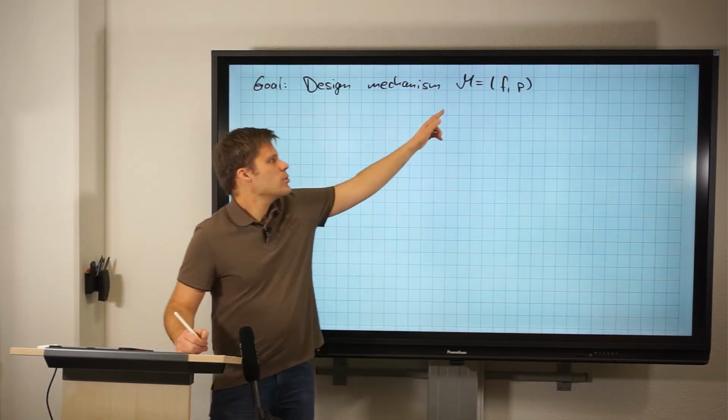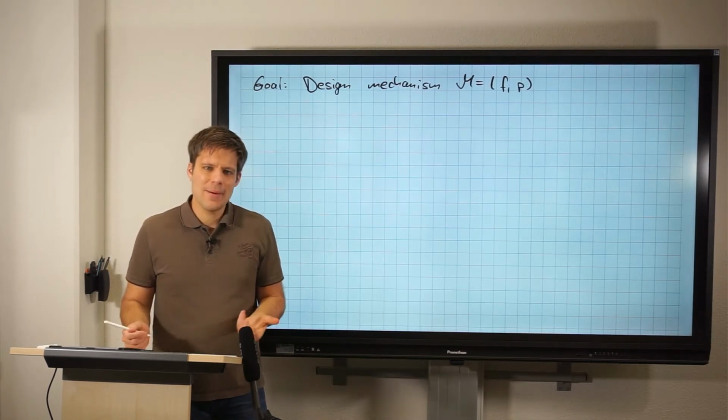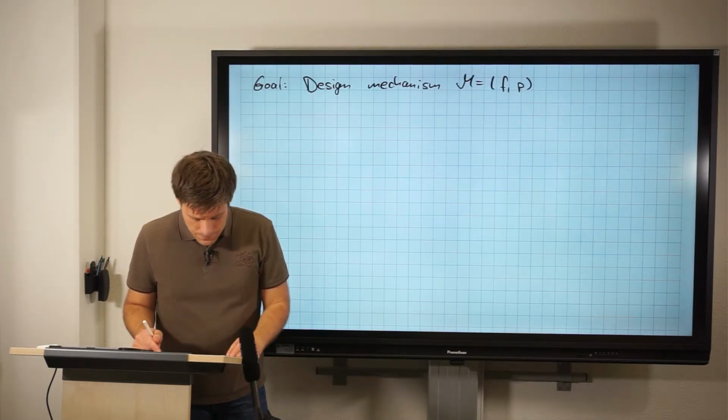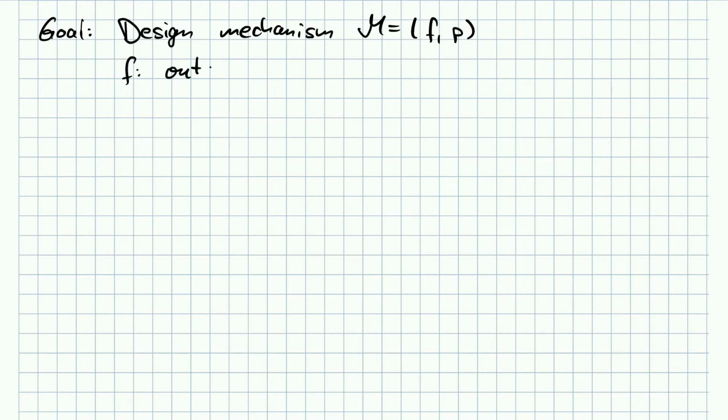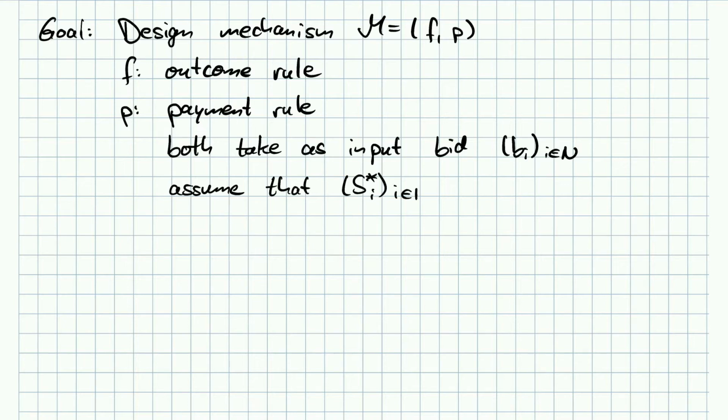By the way, to avoid any confusion, I'm now writing this M for the mechanism as a calligraphic M, whereas the set of items, which we also call M, will be a printed M. Now f will be an outcome rule, p will be a payment rule, and they both take as input some bids b_i, and we now assume that this vector of sets that the bidders want is actually public knowledge.